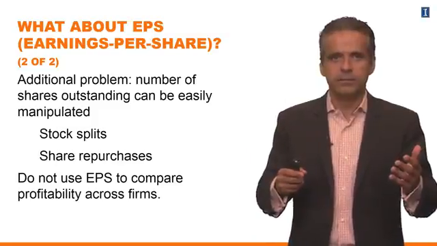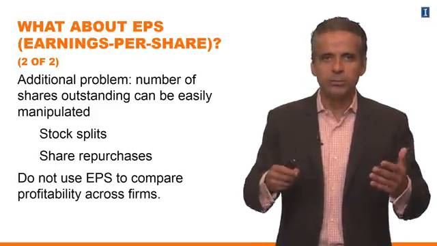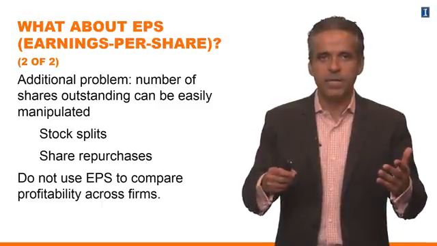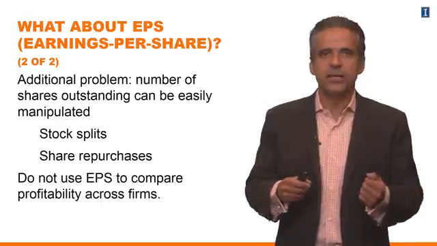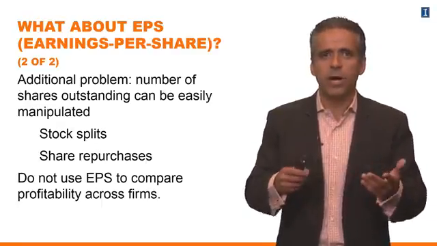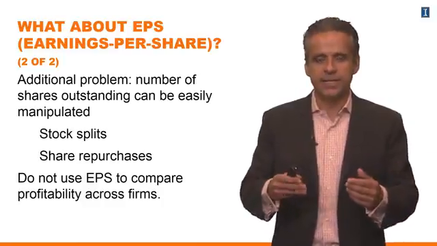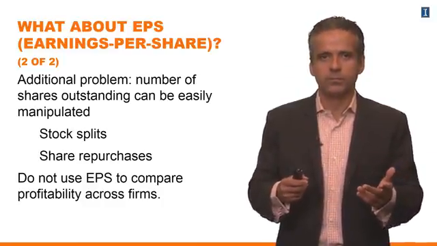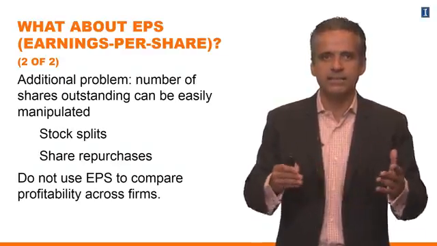So my recommendation is that we do not use earnings per share to compare profitability. Since the number of shares can be easily changed, we're not going to be able to say that a company that has higher EPS than another company is more profitable. So EPS is not a great measure of profitability, at least the way I see it.